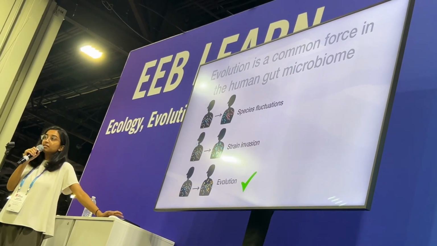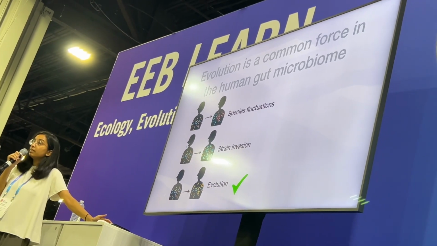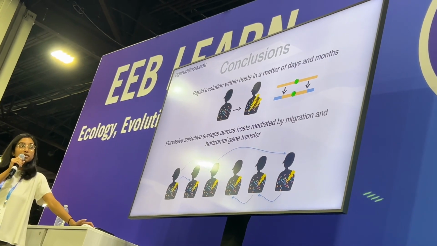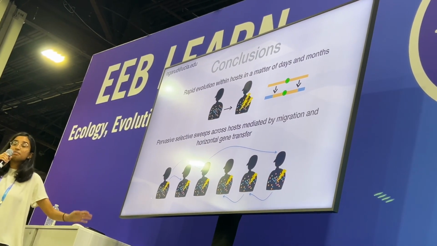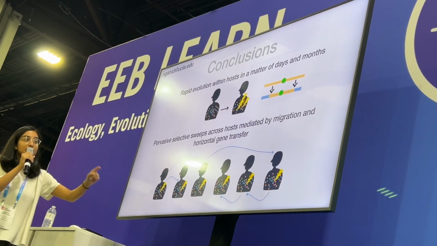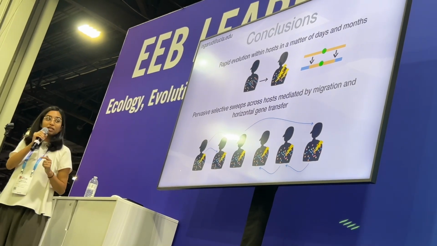And so evolution is actually important, and it's occurring commonly not only within us on short timescales of days and months, likely mediated by horizontal gene transfer, but also it's pervasive and happening across us through migration and recombination.